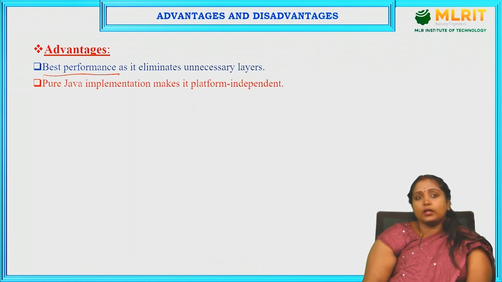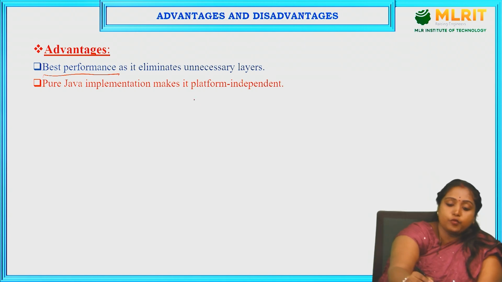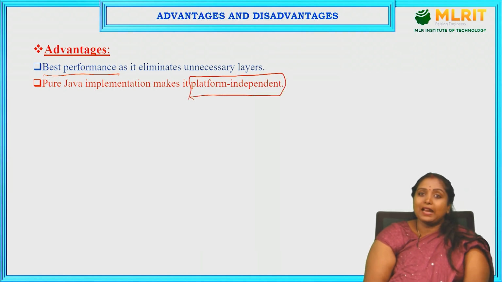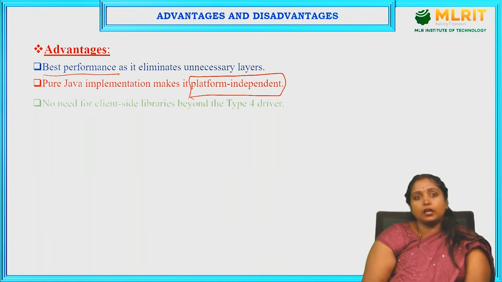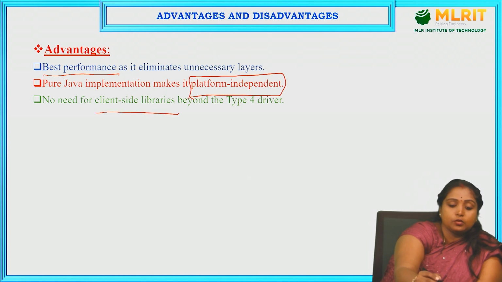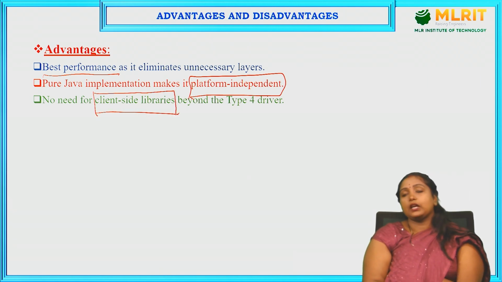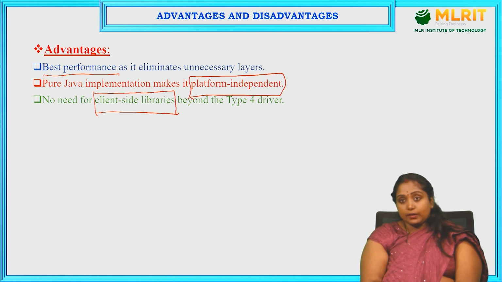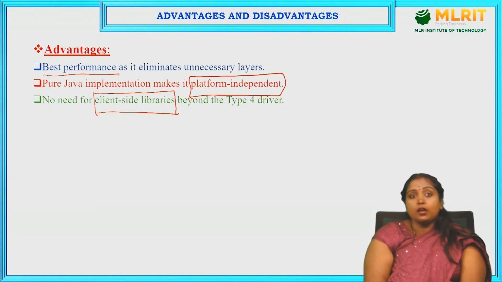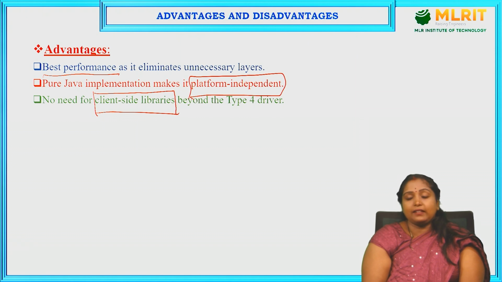The second one is that it's a pure Java implementation and it's platform independent. That is a good point: it can run on any machine. The third point is there is no need for client side libraries. This is also a plus point. In the first and second drivers, we use Java database vendor libraries. Here in type 4, there is no need for client side libraries.